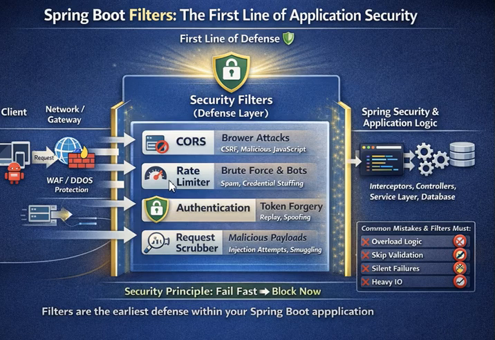The second one is rate limiting. Rate limiting protects you from brute force attacks, bot attacks, credential stuffing, and basic denial of service attacks. For example, if an IP makes 500 requests per second, that's suspicious.